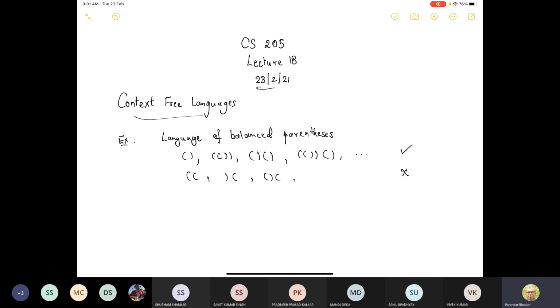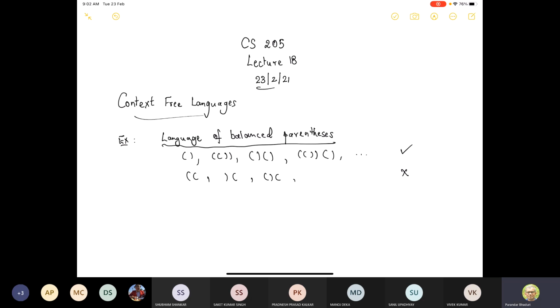And in your data structures course, you might have learned how to use a stack to recognize these kinds of strings. But now we are going to formalize the study of languages, which include this particular language. It is easy to show that this language is not regular.